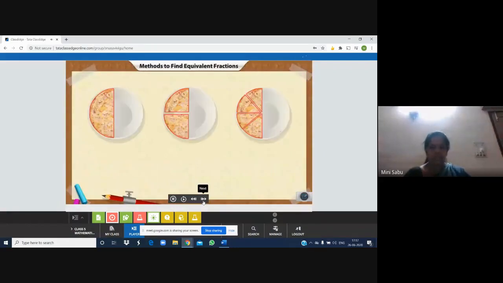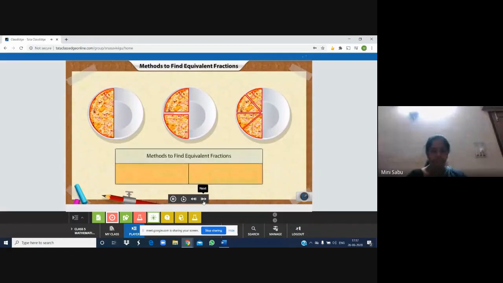We can find equivalent fraction by two methods. First, by the multiplication method, and the second one by the division method. Yesterday we learned multiplication method, so today we are going to learn division method only. Click on a method to know more about it. So I am clicking on division method.